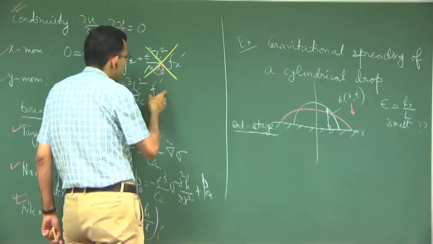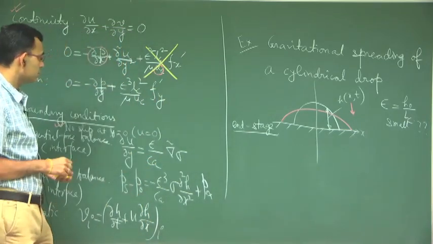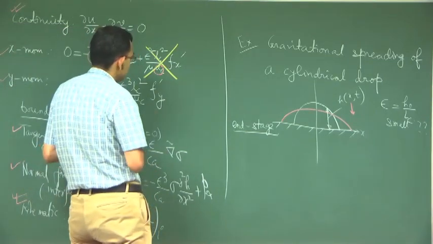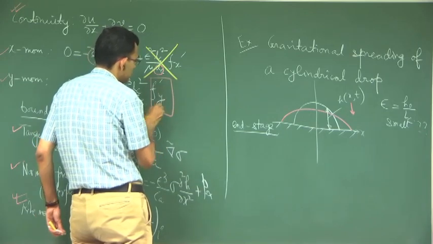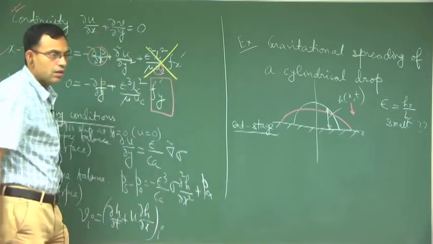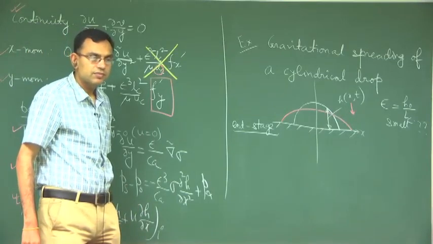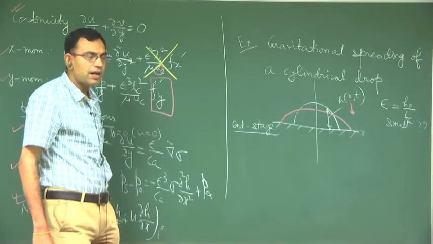What will be f dash y? Minus rho g sin theta. In this case theta is 90 degrees, so minus rho g.